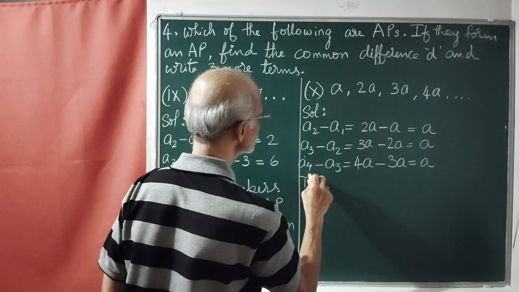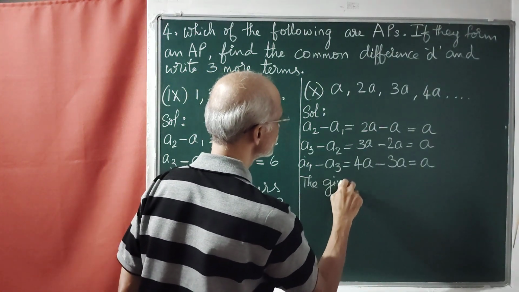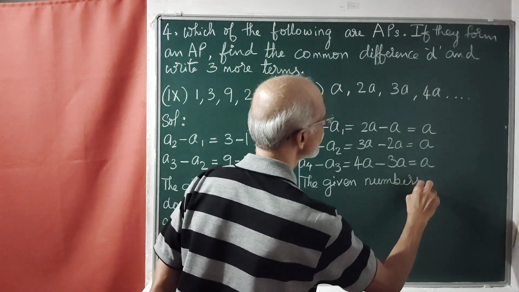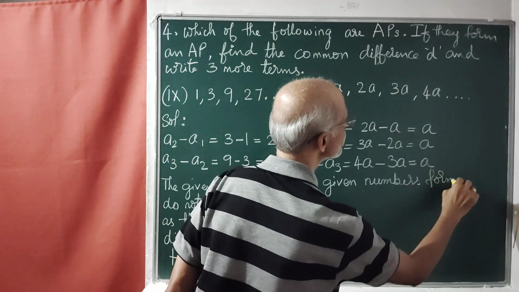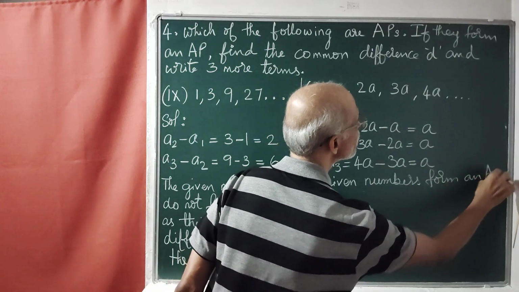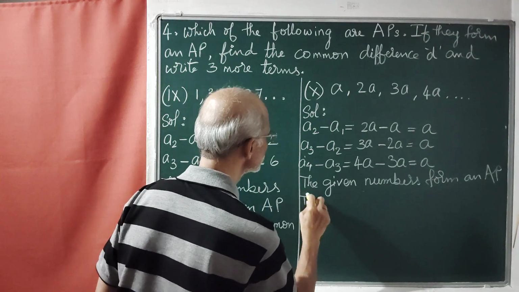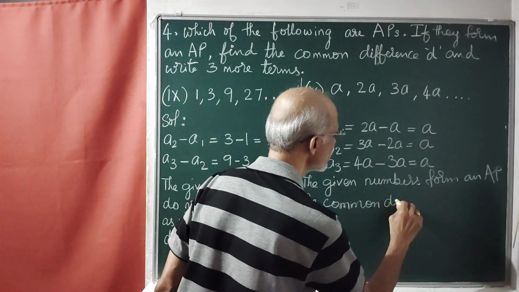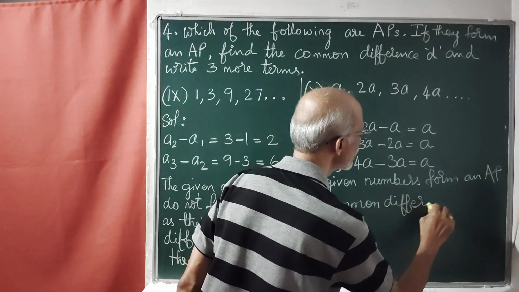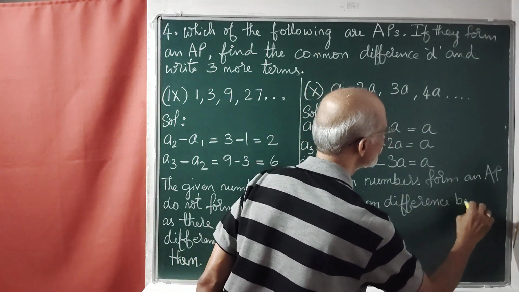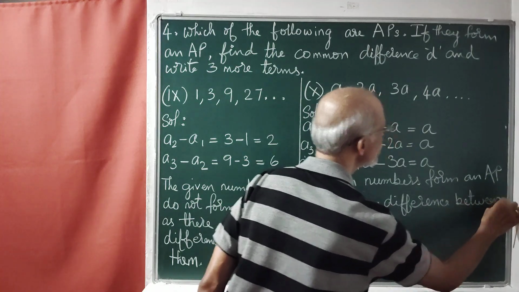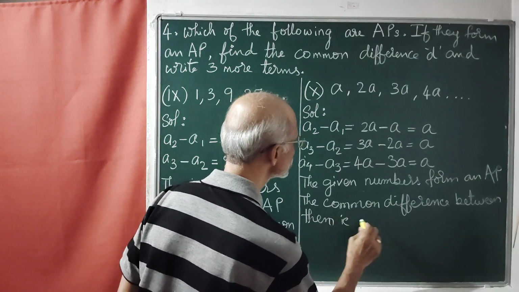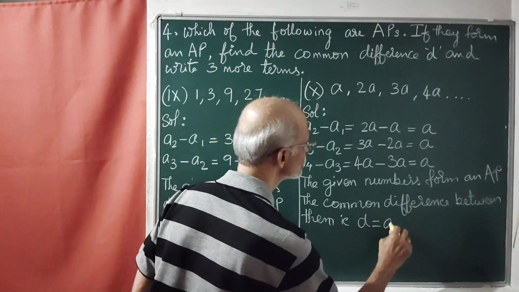The given numbers form an AP. The common difference between them, that is D is equal to A.